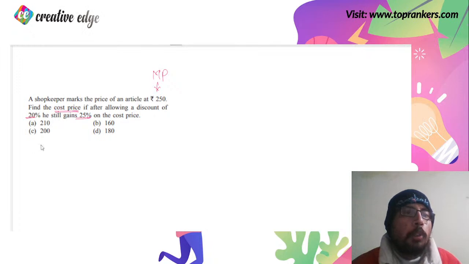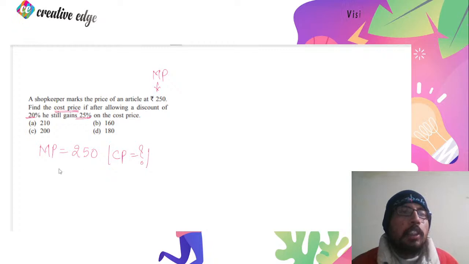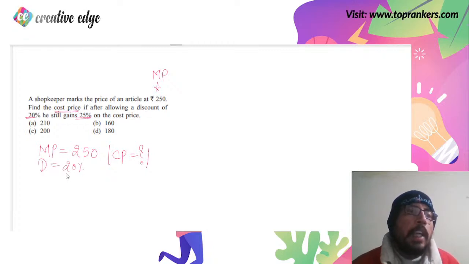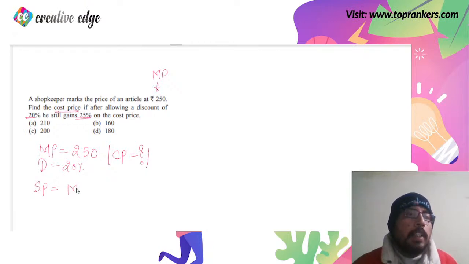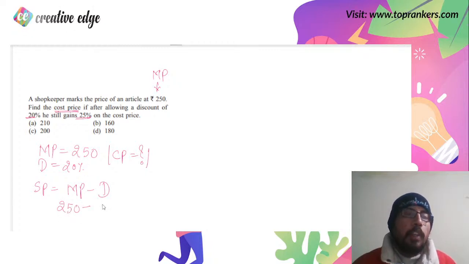The mark price of the article is 250. So MP is given, that is 250. We have to find CP. After allowing a discount of 20%, that means discount is given as 20%. So the selling price should be MP minus discount. The mark price is 250 and discount is 20% of 250.